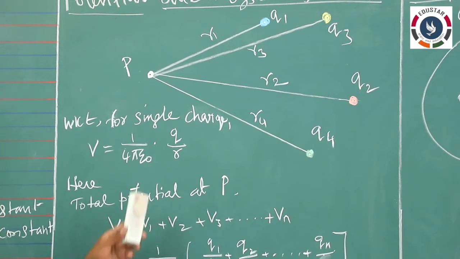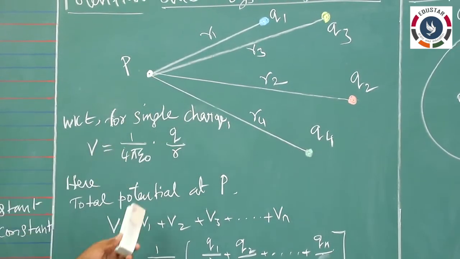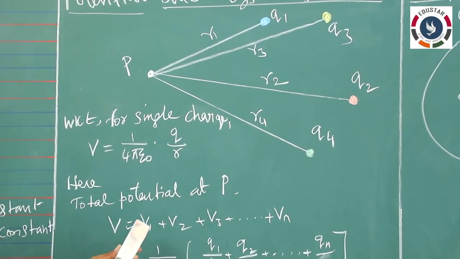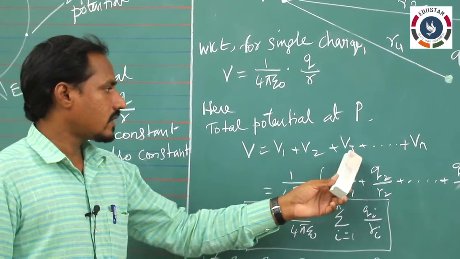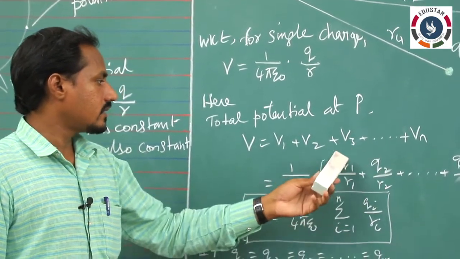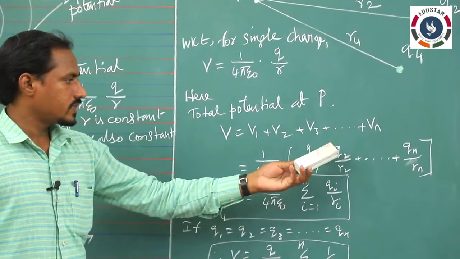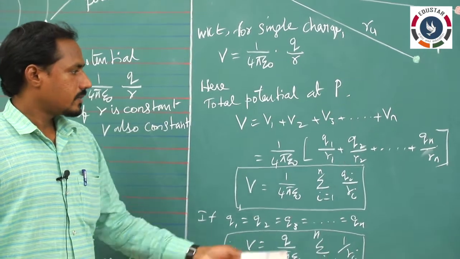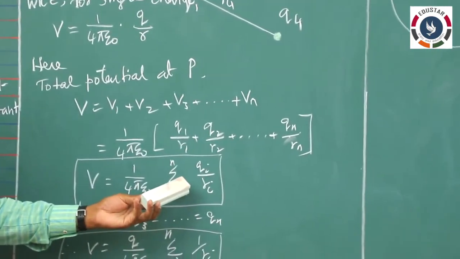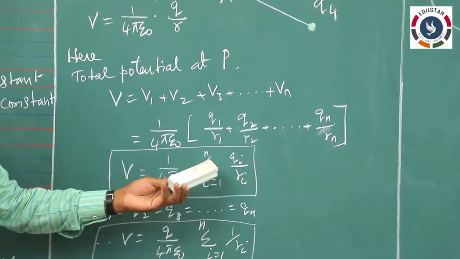So, the potential due to these n charges at point P can be written as the summation of all individual potentials: V1 plus V2 up to Vn. Substituting the values, V equals 1 by 4 pi epsilon naught times Q1 by R1 plus Q2 by R2 and so on up to Qn by Rn. Simply, we write the summation of Qi by Ri, where i is from 1 to n.